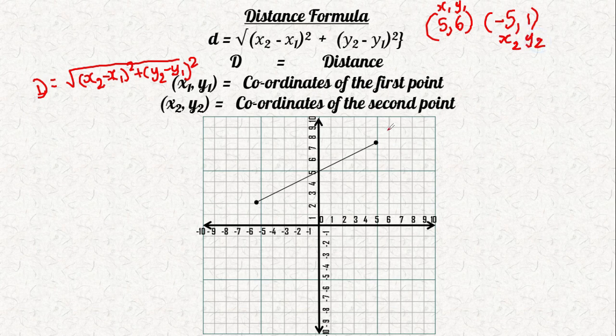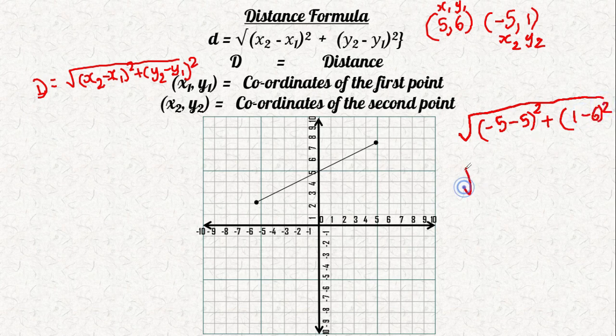So distance is equal to the root of x2 minus x1. Here x2 is minus 5 and x1 is 5, so minus 5 minus 5 becomes minus 10. Plus y2 minus y1, where y2 is 1 and y1 is 6, whole square.